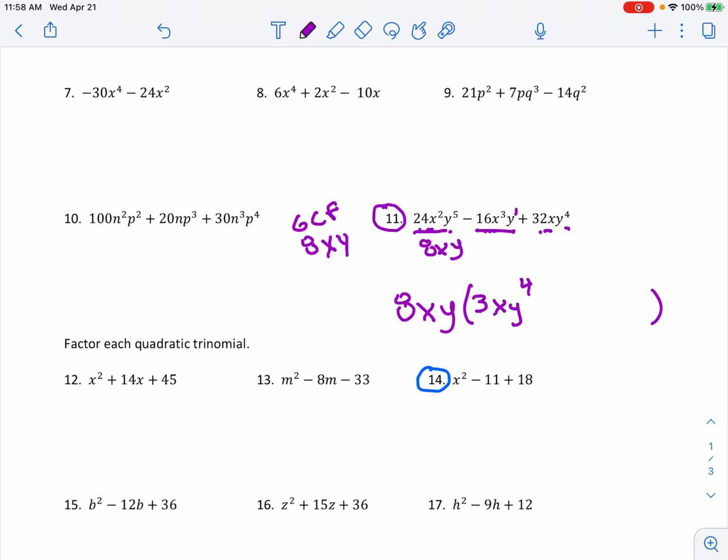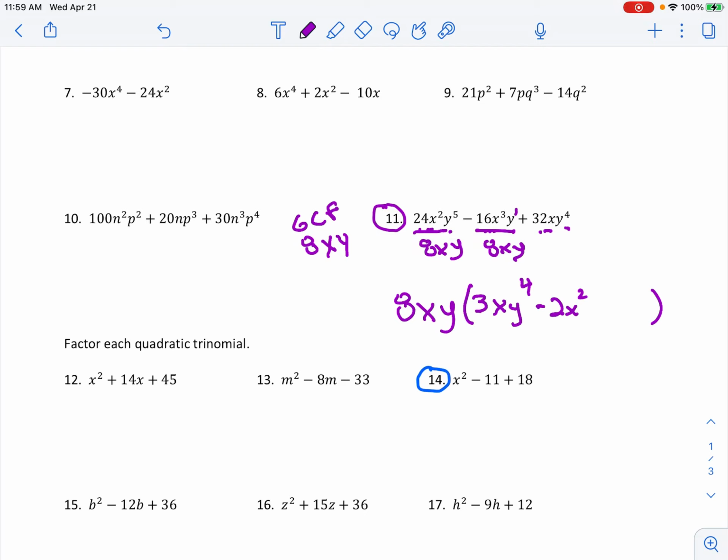That's the first part when I divide. Now I'm going to divide the second term by 8xy. The sign stays the same, but 16 divided by 8 is 2, so I'd have negative 2. X to the 3rd divided by x to the 1st is x to the 2nd, and y to the 1st divided by y is 1.